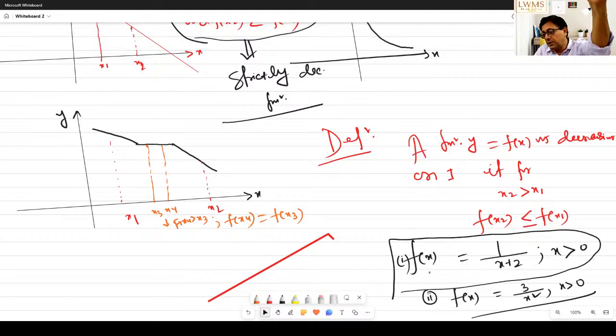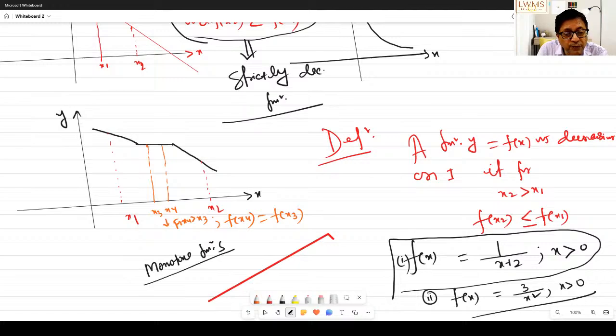Show that these functions are decreasing. Another thing you have to keep in mind: increasing functions and decreasing functions are together called monotone functions. Monotone functions means they are either monotonically increasing or monotonically decreasing. MI or MD together implies a monotone function.